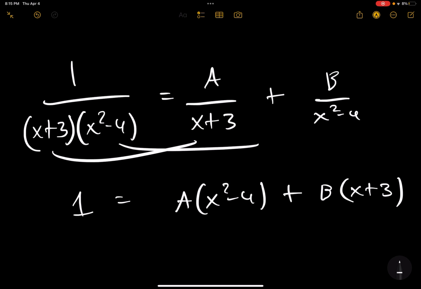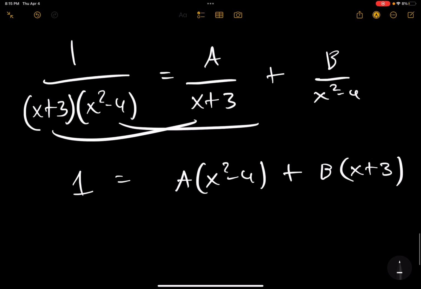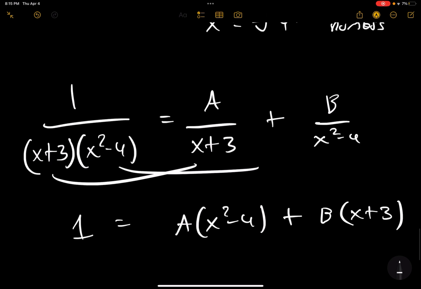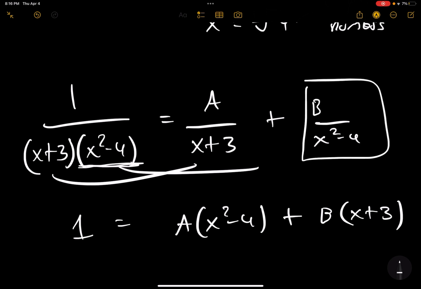It's not just going to be like that, because once we multiply, we also want to have bx plus c, and I will show you this when we write. What we have to do, in fact, is not just put b, because we're multiplying by this factor, and it's not fully linear, so for the fraction that has that, we need to put bx plus c.